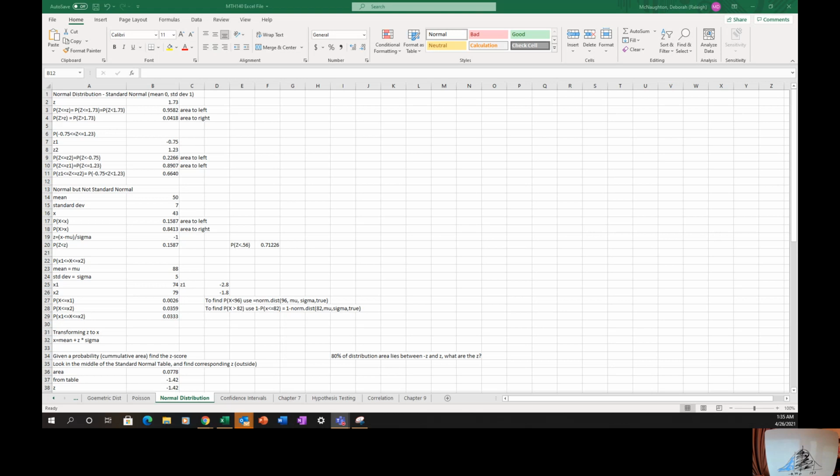And so what I need to do is, when I use norm.s.dist and negative 0.75, I get this blue area. And then when I do norm.s.dist 1.23 comma true, I get the blue and the black added together because I get everything to the left of 1.23.